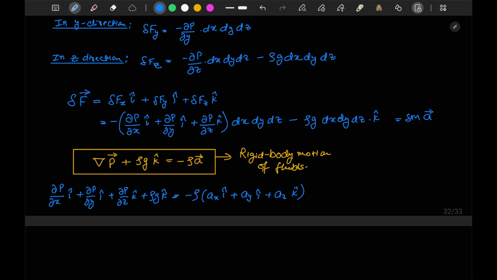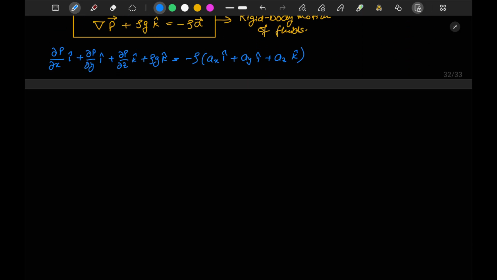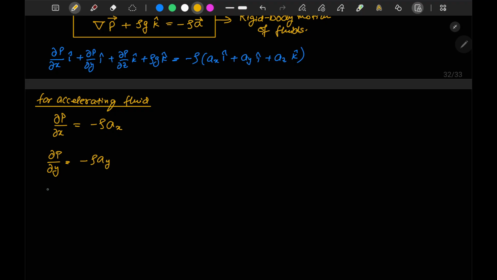Now for an accelerating fluid, I can say that del p by del x is equal to minus rho ax, del p by del y is equal to minus rho ay, and del p by del z is equal to minus rho az minus rho g, or I can write it as minus rho times az plus g, that is the acceleration due to gravity.